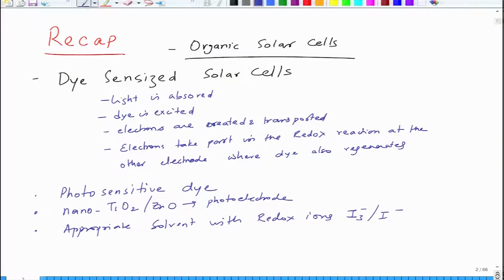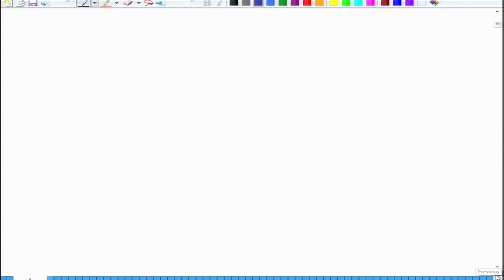The issue with this solar cell is that it uses a liquid dye. A liquid dye is a problem in sealing because it flows, and as a result there are manufacturing issues in making good solar cells.